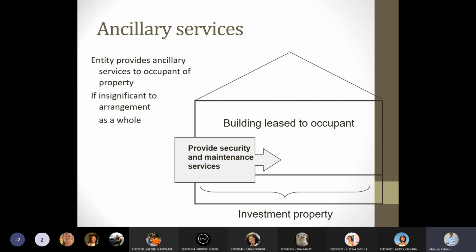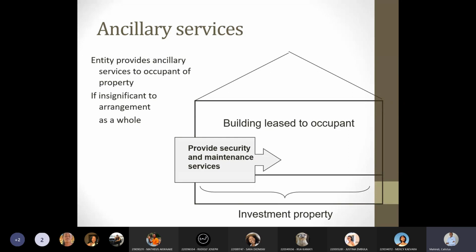So for example, you might rent out a house and say the rent is 5,000 in total, but that 5,000 includes 200 for security. So the tenant will pay 200 for security services.